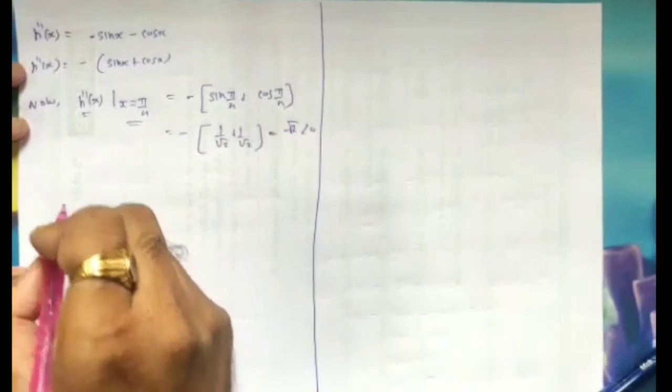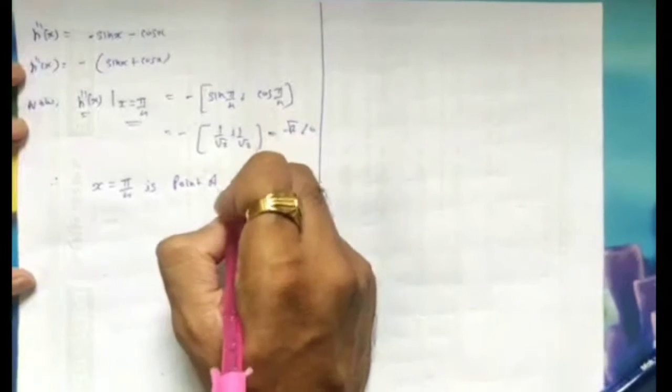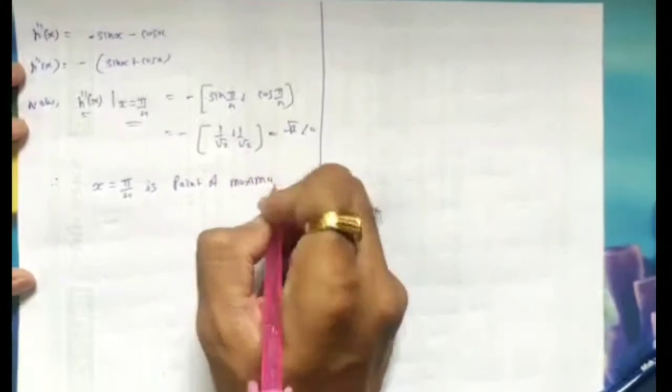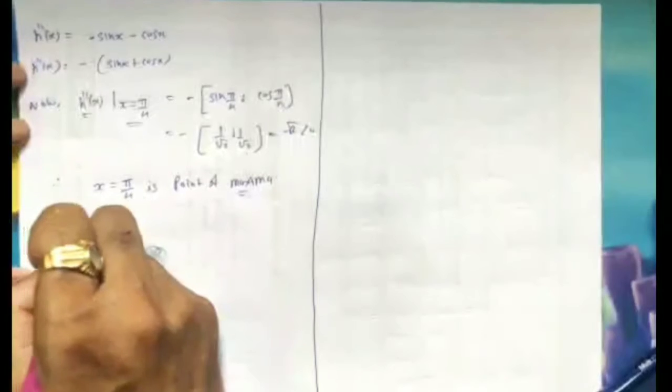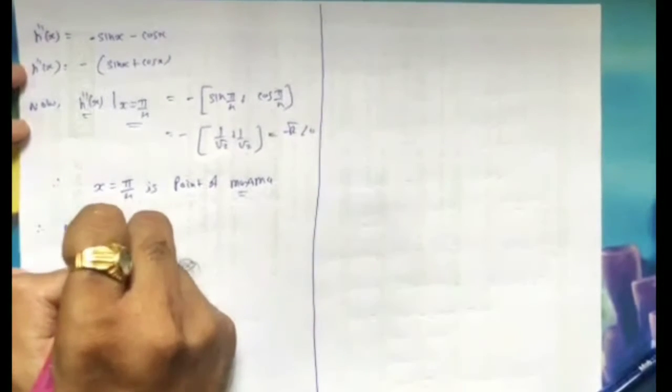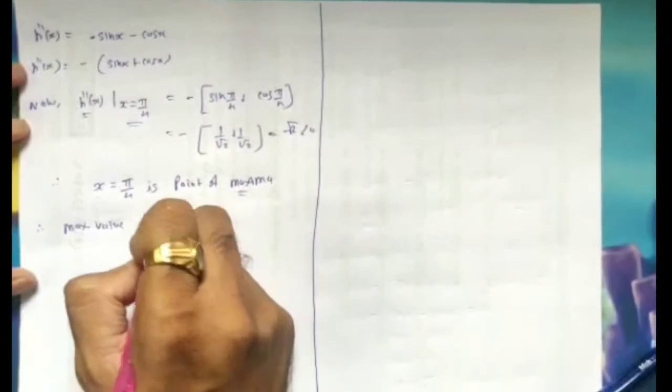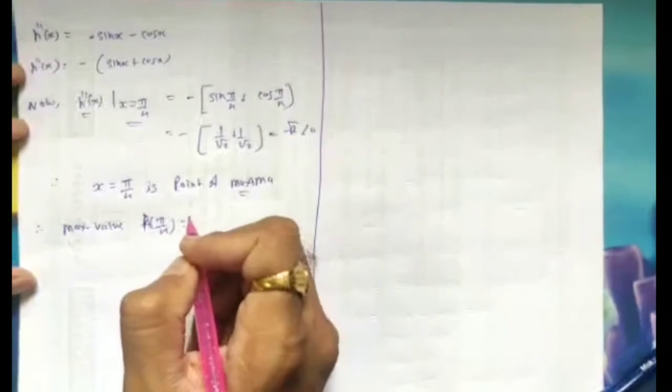So we can say that this x equal to pi by 4 value is nothing but the point of local maxima. Therefore, x equal to pi by 4 is the point of maxima. At the point of maxima, we get the maximum value, which is the local maximum value. So the maximum value of the function is h of pi by 4. What is our given function?